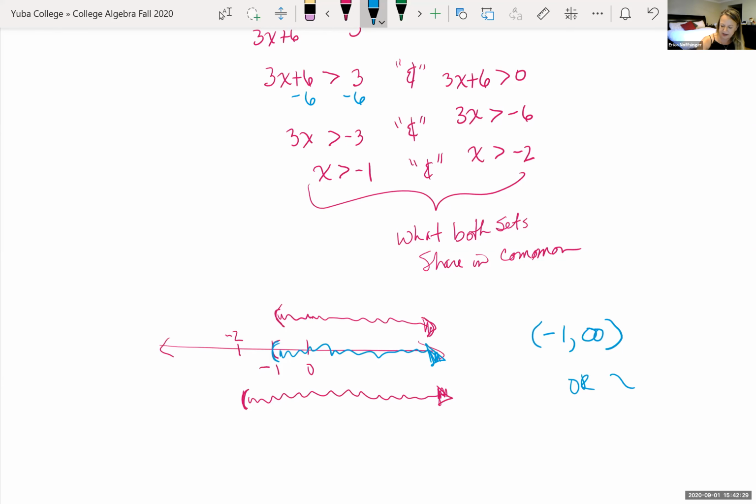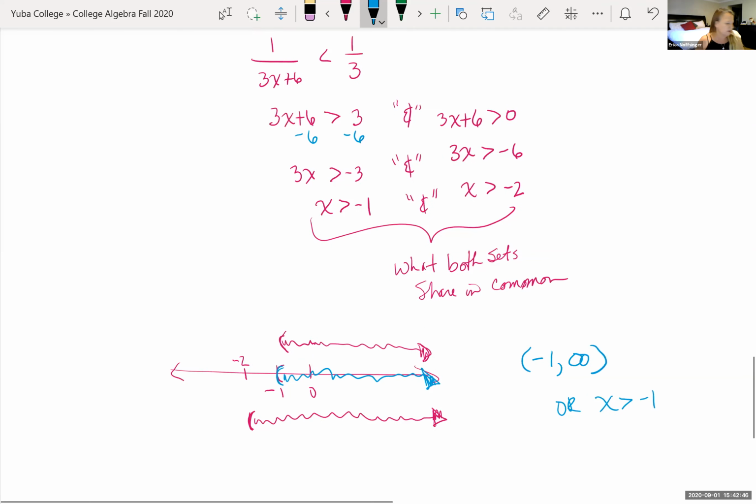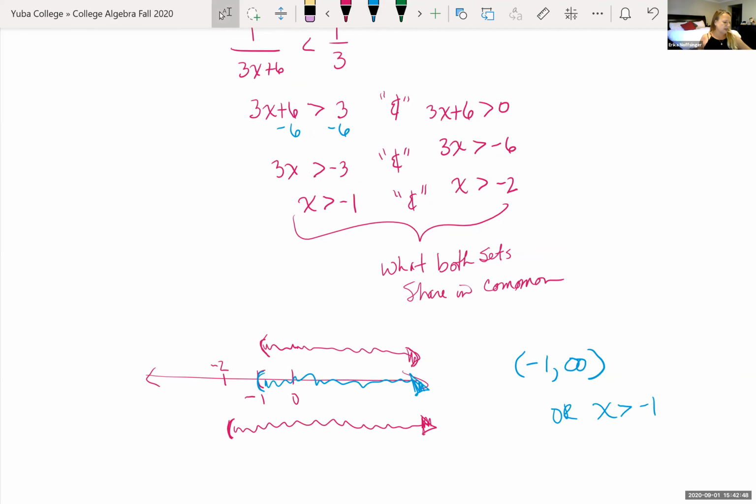Or another way to write it, x is greater than -1. Okay, so any questions over solving inequalities?